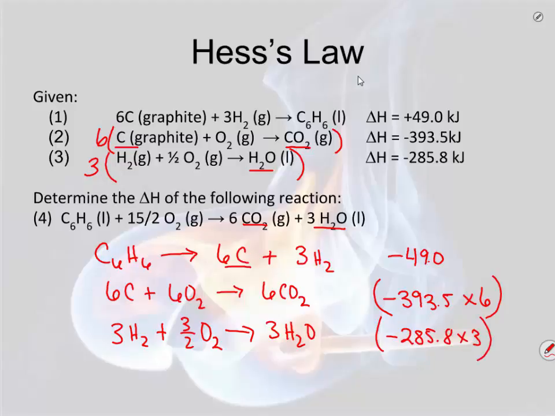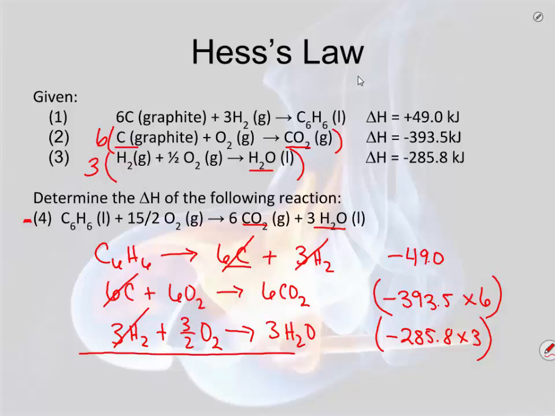Okay, so now let's see if we have our reaction correct. So can I cancel anything first? So I can cancel these, and I can cancel my hydrogens, which is good because they don't appear in my overall reaction. And so what am I left with?